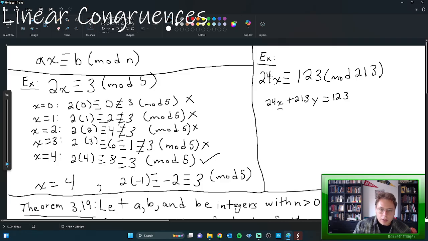So this would be the solution that we could just plug in here. We also know that if there is a solution, the GCD of 24 and 213 must divide 123.